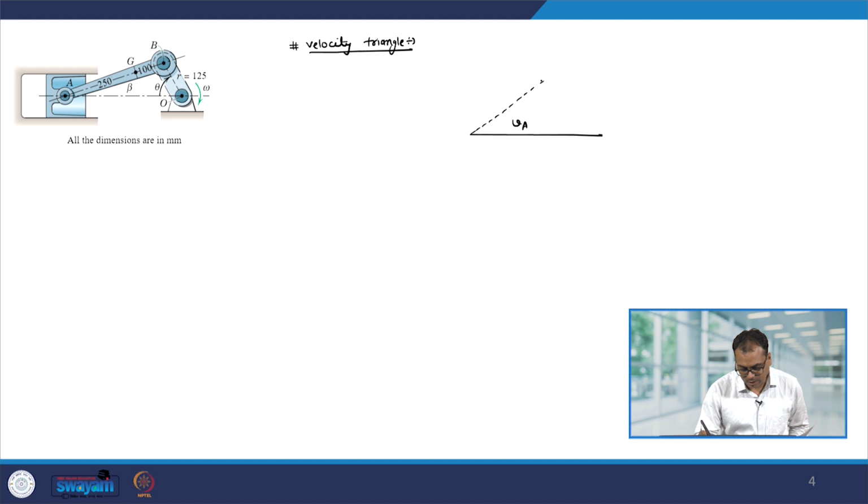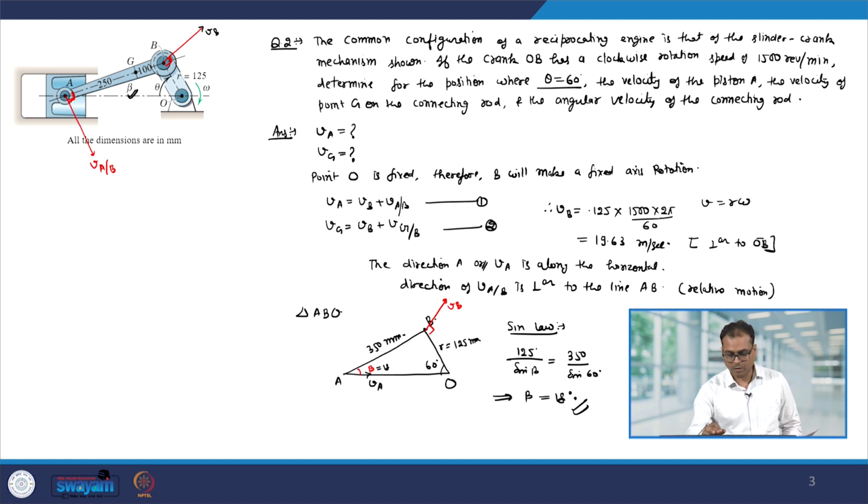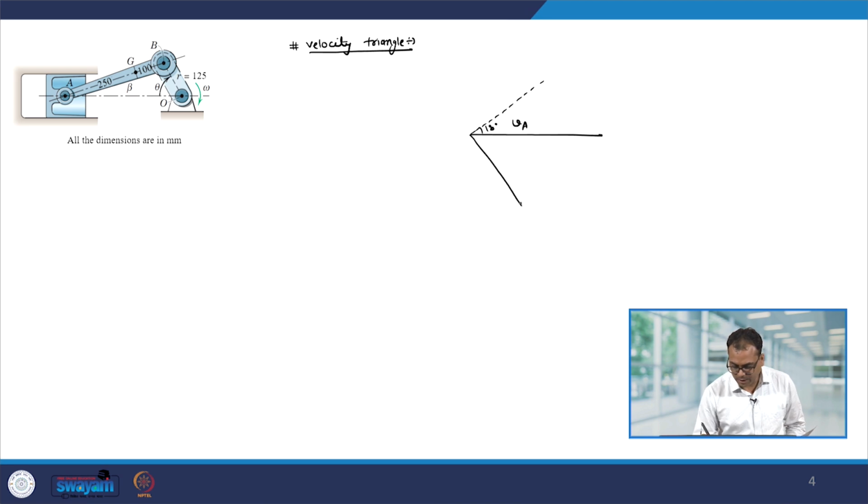The AB rod is making an angle of 18 degree. So, this is something that we find out, and VAB is perpendicular to AB. So, therefore, that angle will be 72 degree. Okay. So, we have VA, VAB, now we have VB.